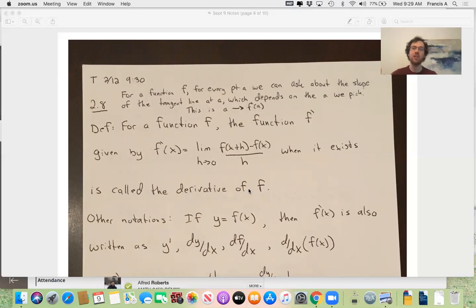So on the last page, what we were saying was you have a function, you have a point, you use those to set up this limit, and that gives you the derivative of the function at the point. How you can also think about this is that for any x, you can compute this limit, and that defines a function. You give me the x, I'll tell you the slope of the tangent line at that point. And that correspondence is what we'll call the derivative of f.